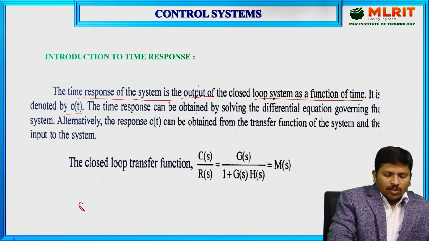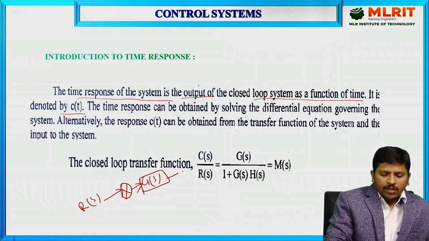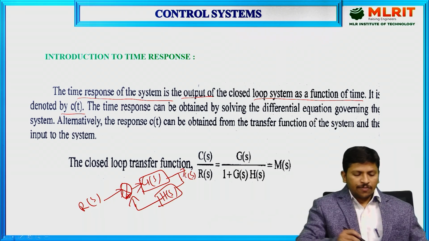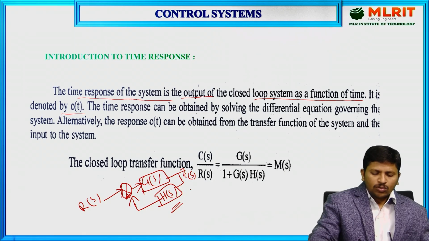Here R of S is my input, G of S is the gain or open loop gain, with negative feedback H of S as the feedback gain, and C of S is my output. From this circuit we are going to obtain the closed loop transfer function.